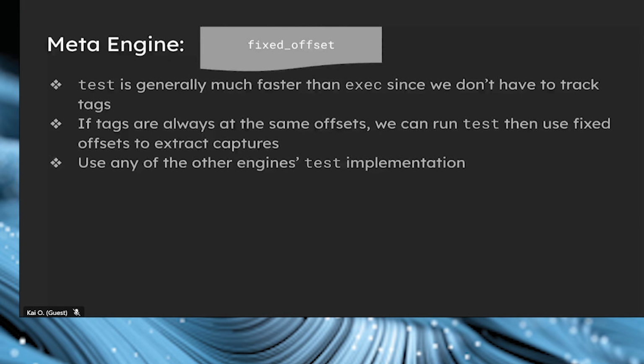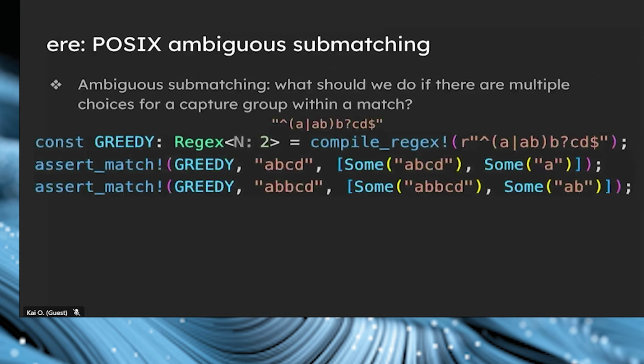Right, what's next? First of all, the POSIX ambiguous submatching is something you still have to do. With this example here, the current greedy approach, with this ABCD, will prefer to first grab the A for this capture group, so we get A, not the AB, because A is earlier in the alternation.